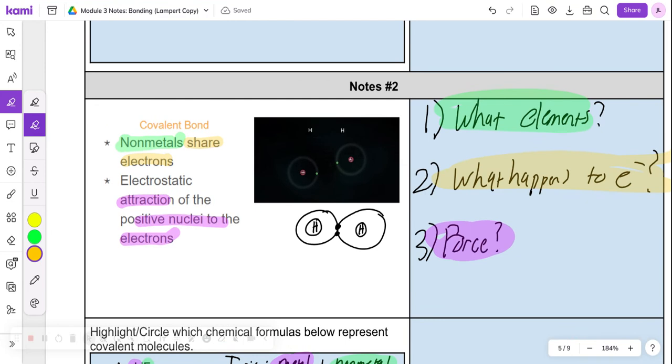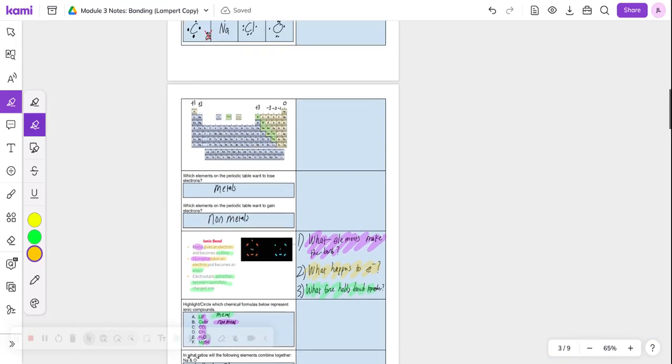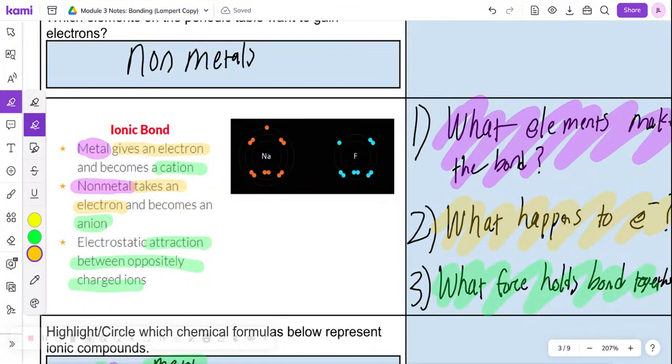The attraction is between the positive nucleus and the electrons of the other atom. And then for ionic, remember, this is where a metal gives up an electron, and the nonmetal takes that electron. So we have both metals and nonmetals. The electrons are being transferred from one to the other, and the force holding it together is the attraction between oppositely charged ions. So I have a positively charged cation and a negatively charged anion.